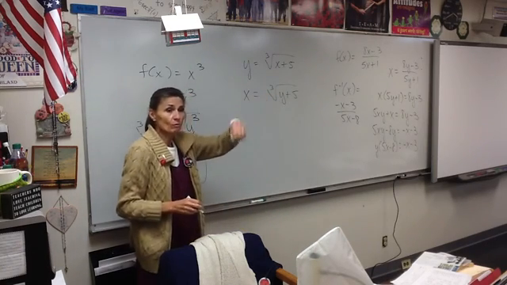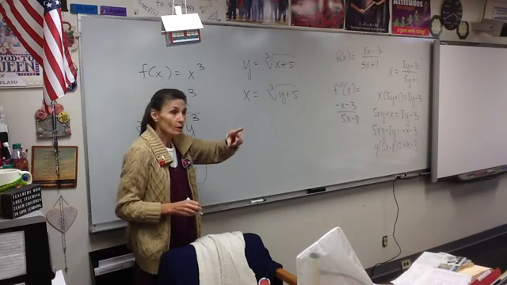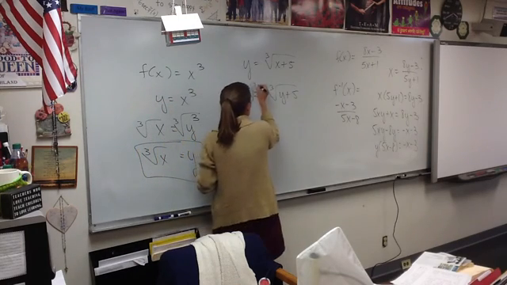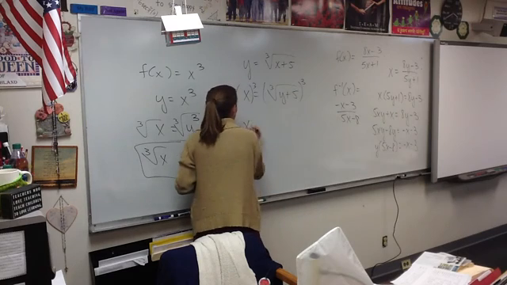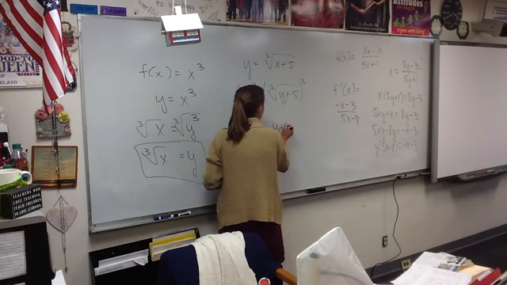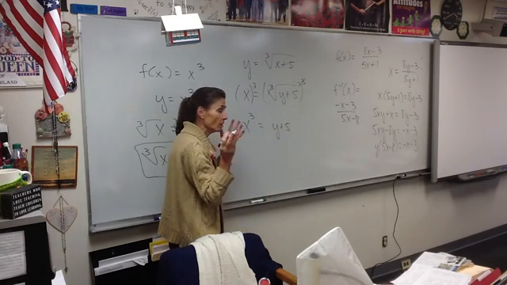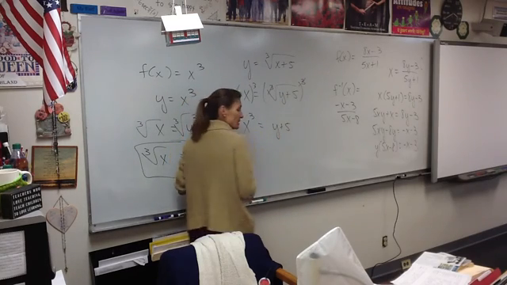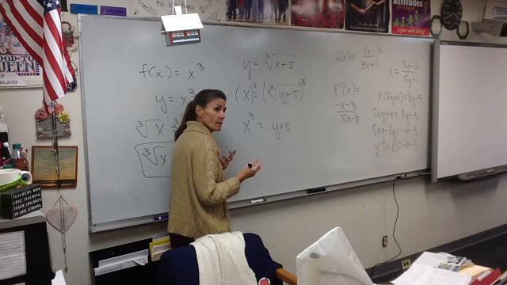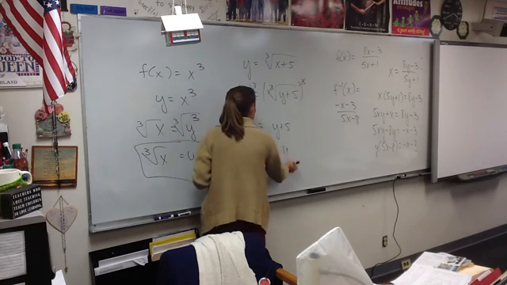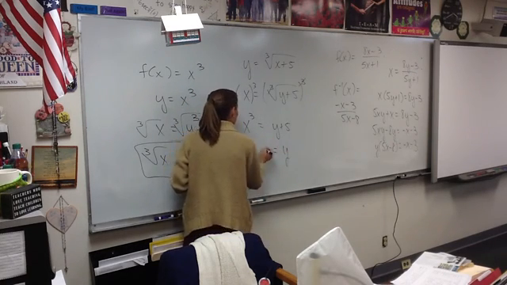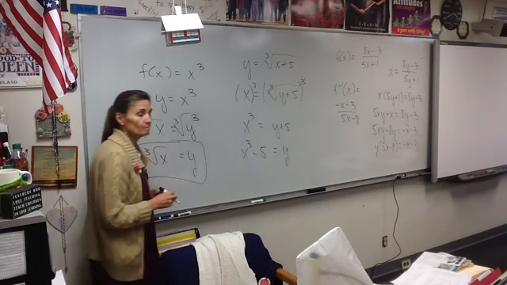It's underneath a radical. We're going to cube both sides. Absolutely. So x cubed equals y plus 5, because when you cube a cube root, they cancel. So now we've got this, and all we have to do is subtract 5. There's your inverse.